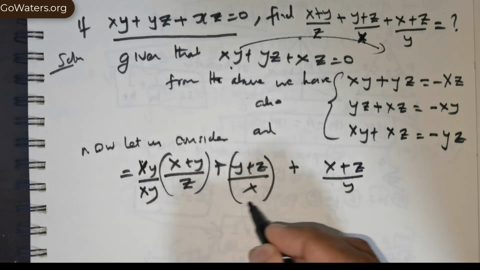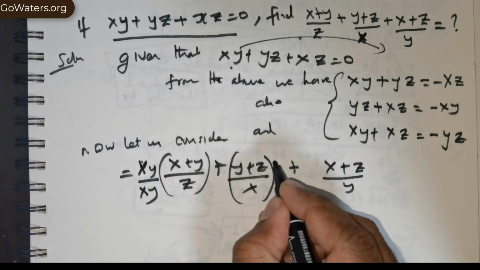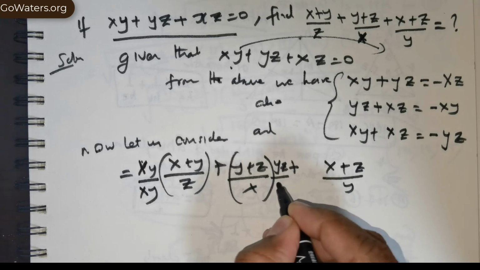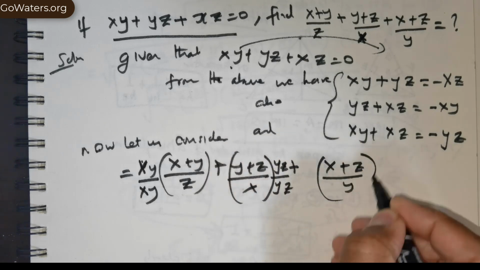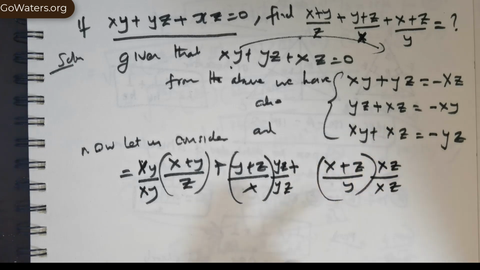The second term I multiply by yz and divide by yz. The third term I multiply by xz and divide by xz.